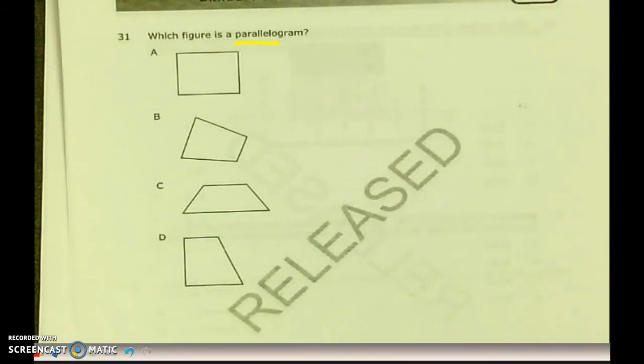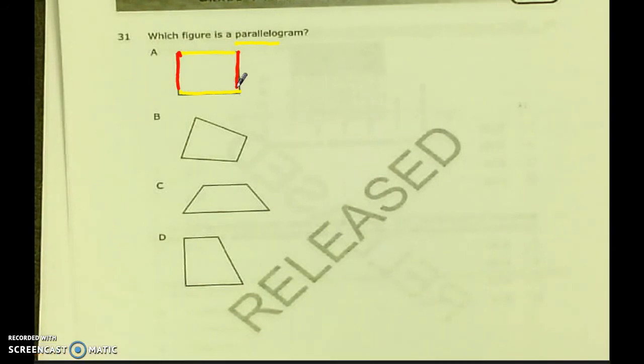So we need to see if we have sides that are parallel. Is this side parallel to this side? Yes. And is this side parallel to this side? Well, there we go. We found our parallelogram. We could also call it a rectangle because it has four sides and four right angles also. So A is the correct answer.